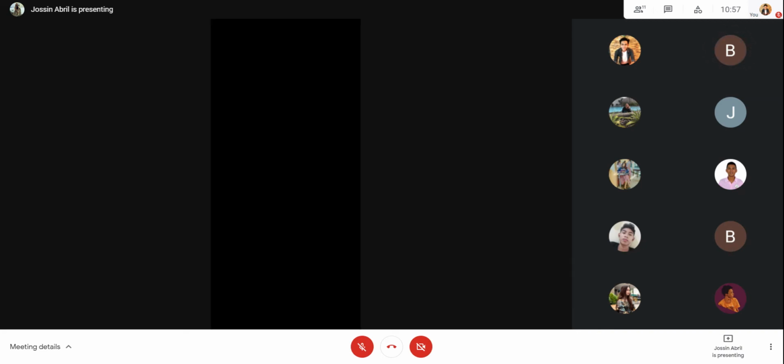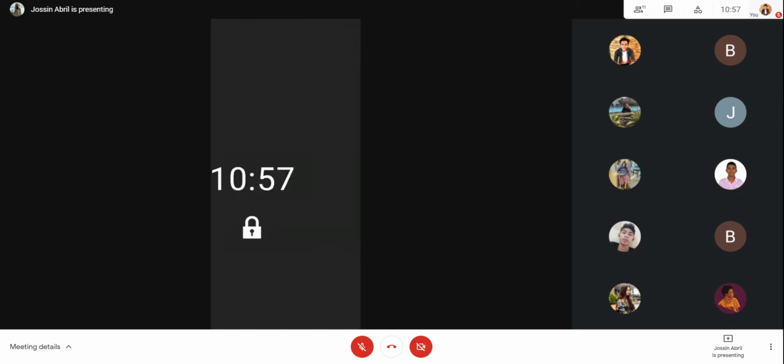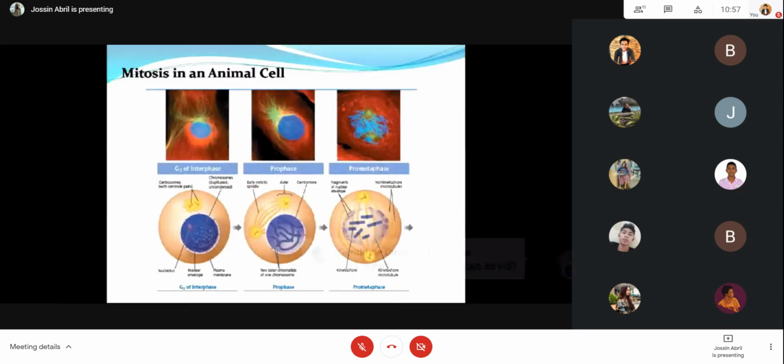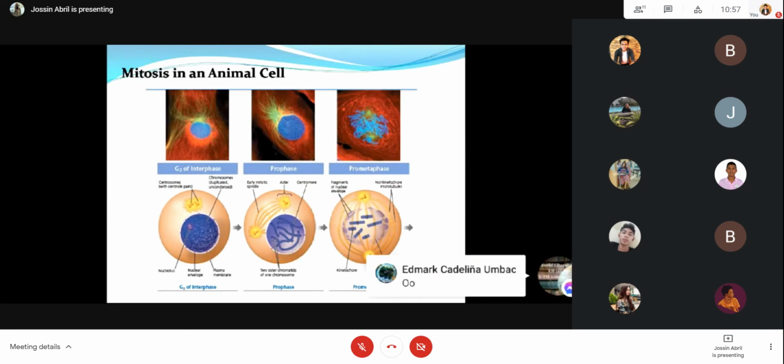The kinetochore microtubules, this is where the kinetochore of a chromosome is attached. The non-kinetochore microtubules, these are the spindle fibers.